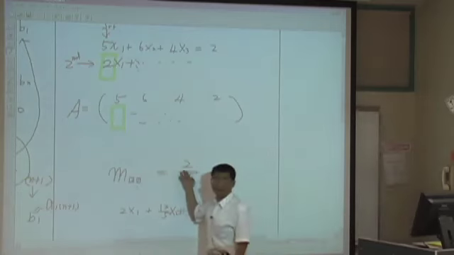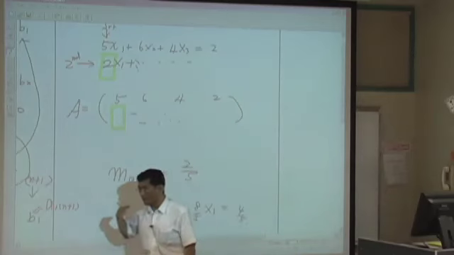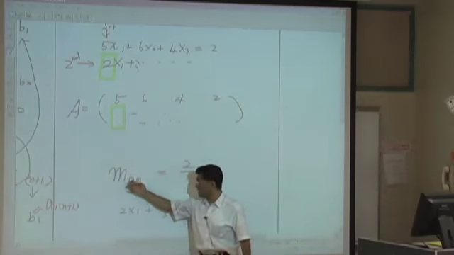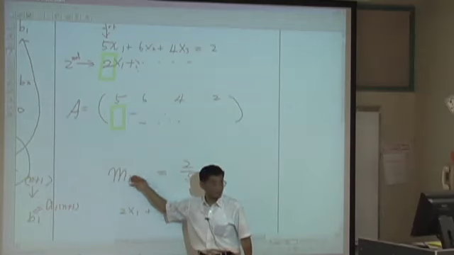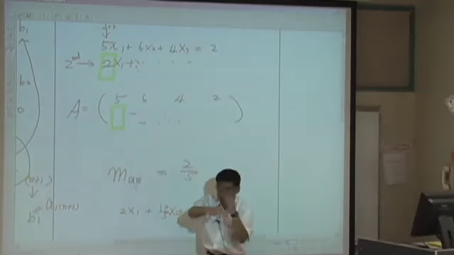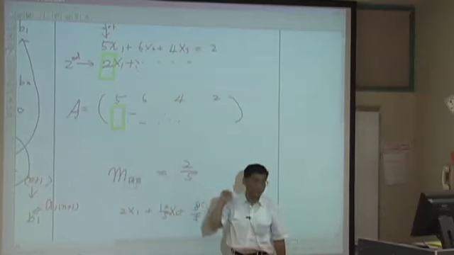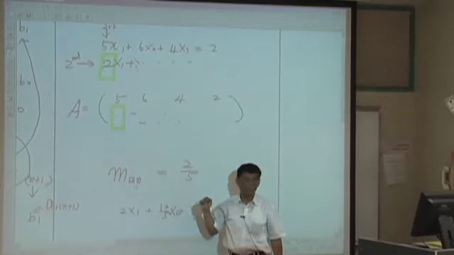Multiplier will be determined many, many different times, and each time we indicate where the multiplier was determined. Second row, first column, multiplier was determined. Do you follow me?